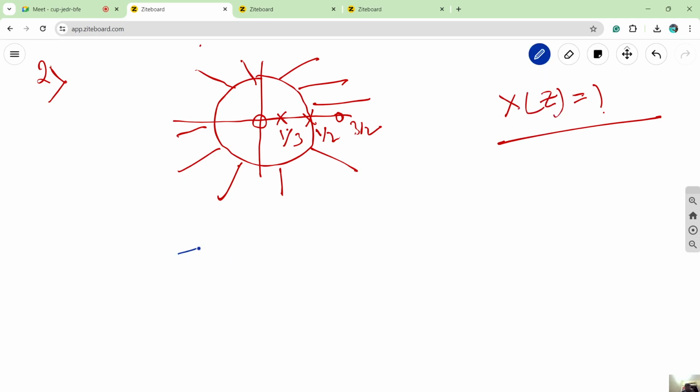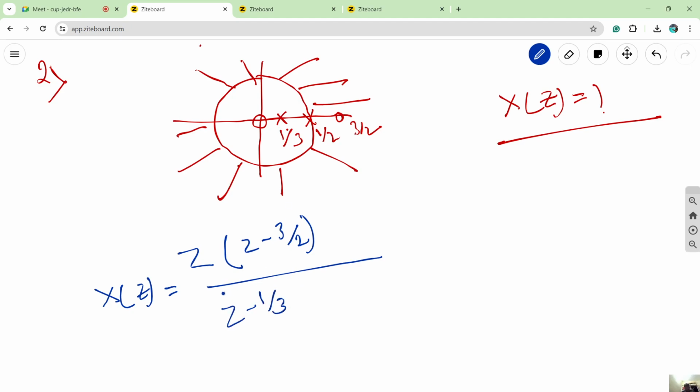So it is 0 at z equal to 0. Another 0 is at z equal to 3 by 2. Similarly, one pole is at z equal to 1 by 3. Another pole is at z equal to half. Poles are in the denominator and zeros are in the numerator. This is the answer.